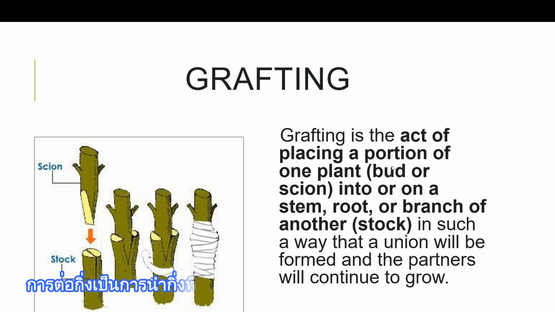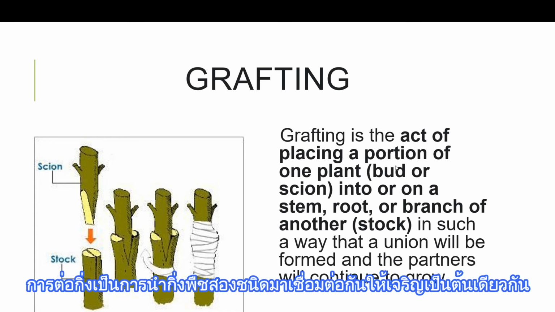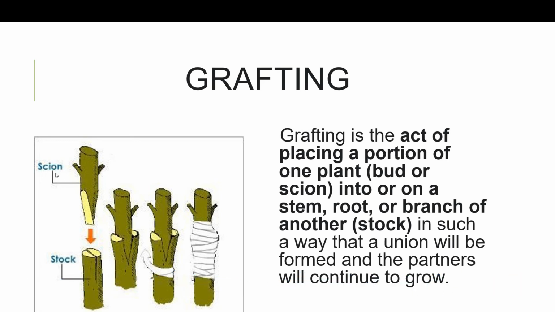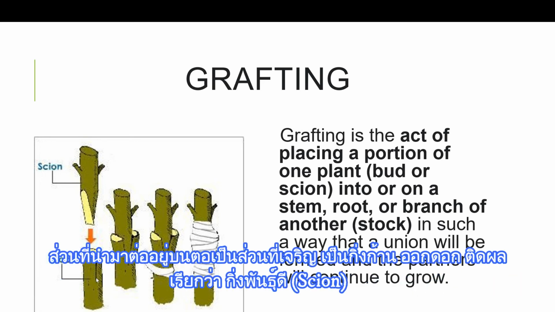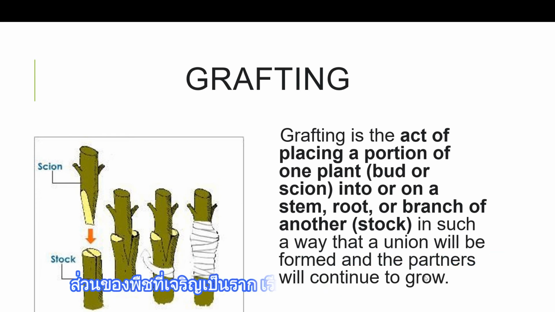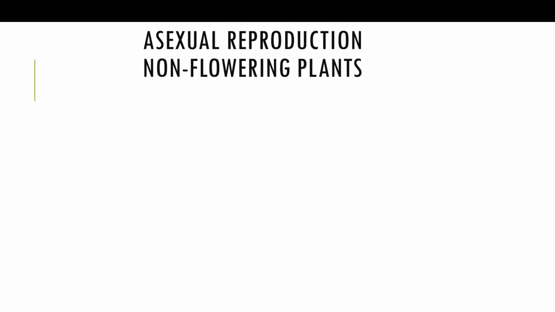It's the act of placing a portion of one plant, a bud, this is the bud of the plant, the scion, and this is the stalk, into or on the stem, root, or branch of another stalk in such a way that a union will be formed and the partners will continue to grow. For example, when you do a bonsai. There are many bonsai plants in the train station. So beautiful. Do grafting.